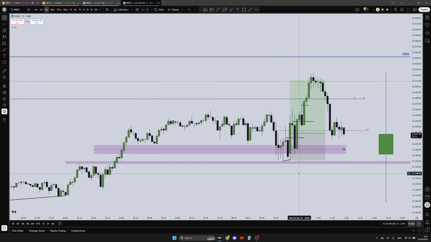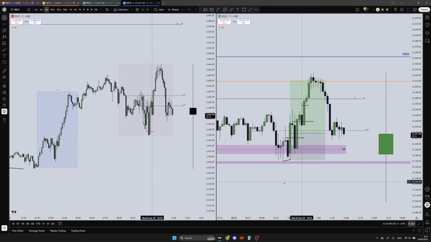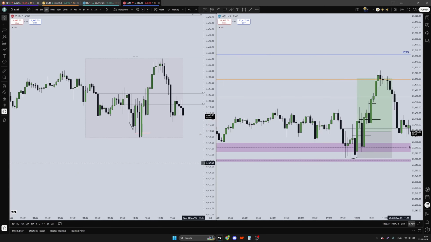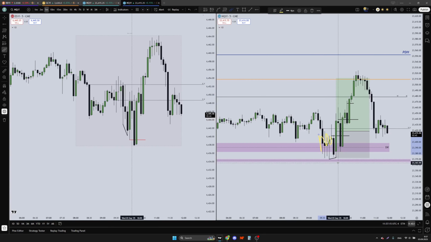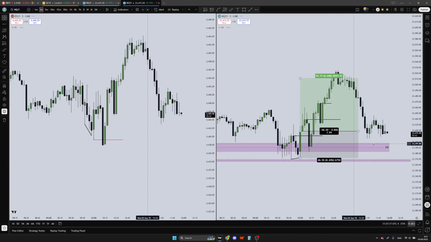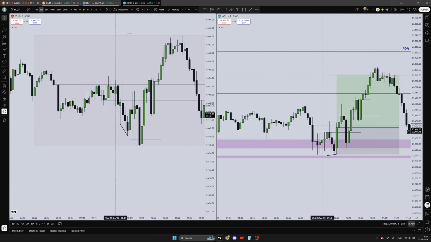So even though I got stopped out before 9:30, I was just glad that I was able to be patient, not to wait here when it was choppy, and then once it was obvious again, right? Once I see this SMT again, down close candles, just waiting for the 10 a.m. news, right?